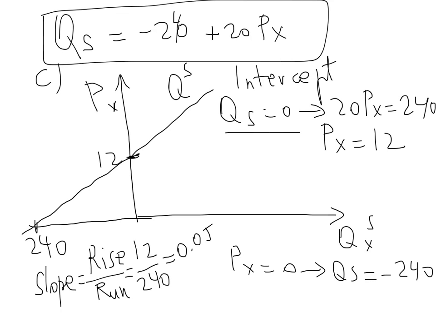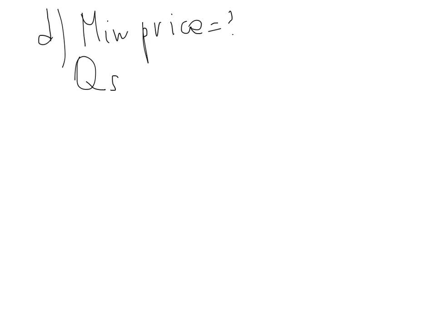Let's see what we have for D. What is the minimum price at which the firm will supply any good X at all? So, minimum price, that means starting at quantity supplied equals 0, going up. What is the minimum price for which I want to supply anything? So setting quantity supplied equals 0 using the equation that we had.